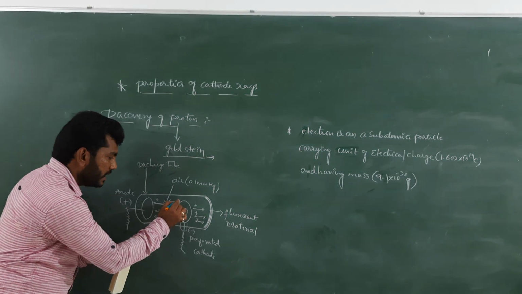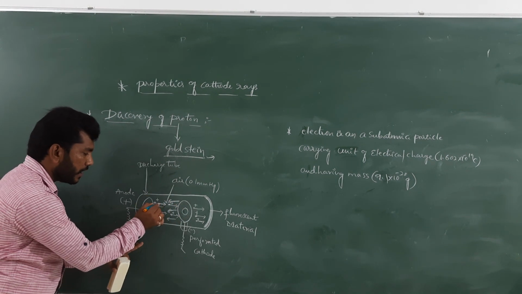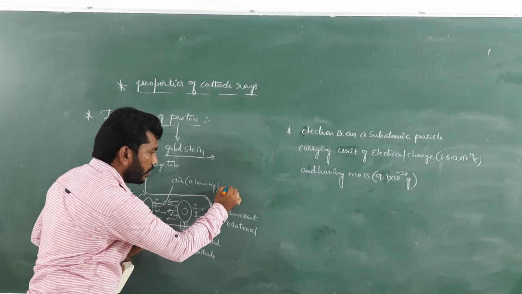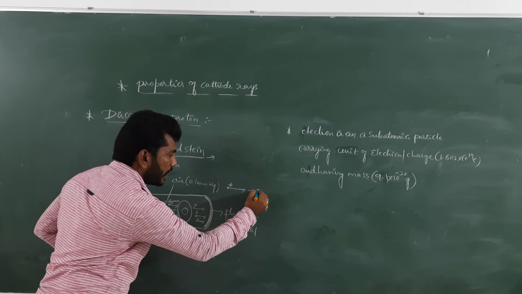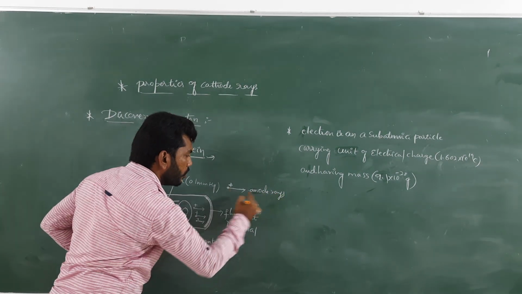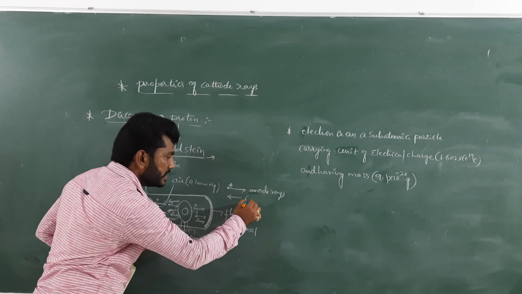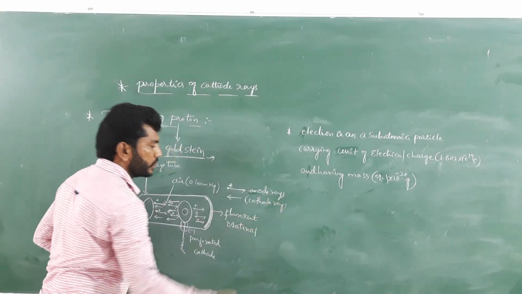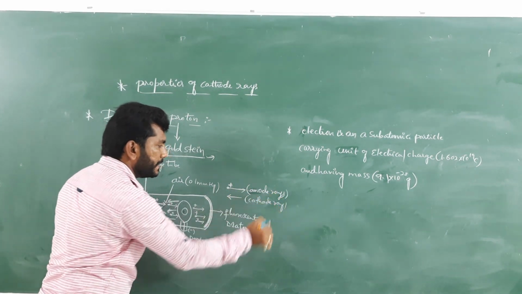So the cathode rays are moving in the opposite direction of the anode rays. So we have indicated here: the arrow mark with the positive charge is the anode ray, and the normal arrow mark is the cathode ray. Okay, very simple, guys, this particular experiment.